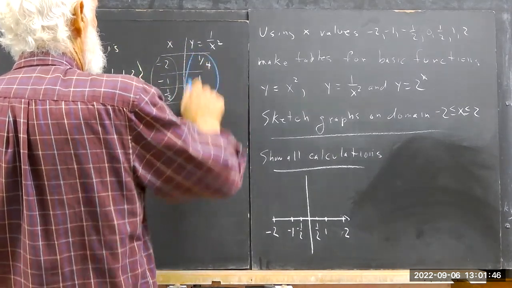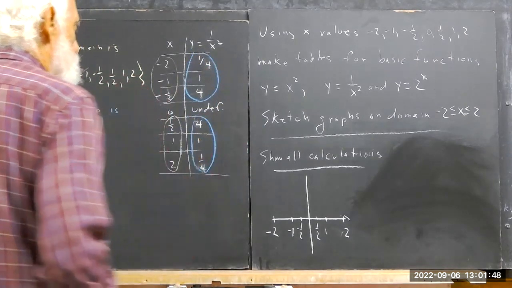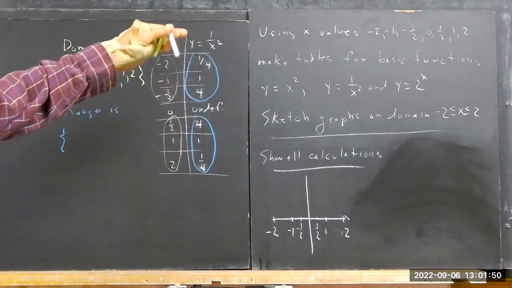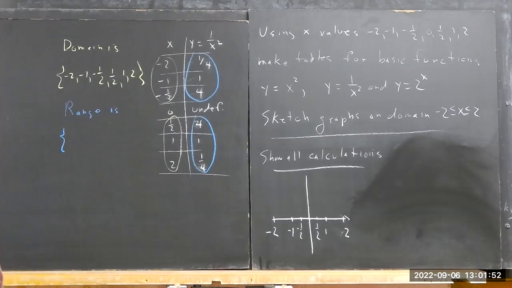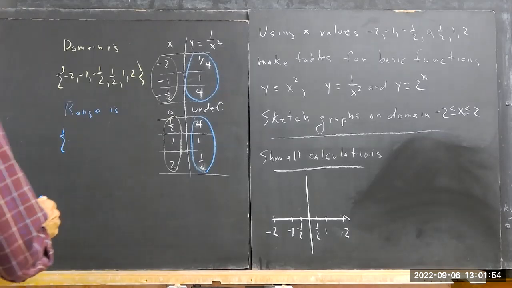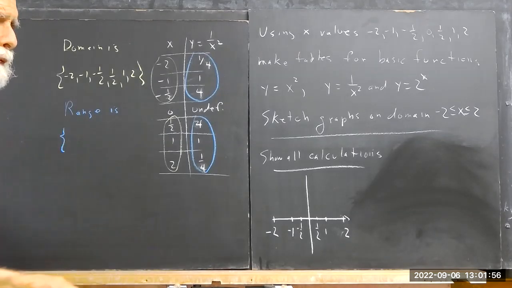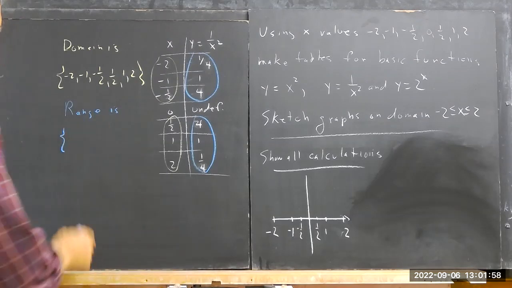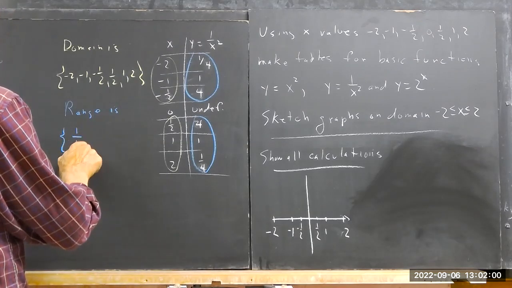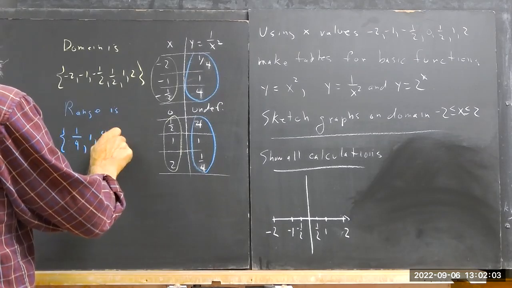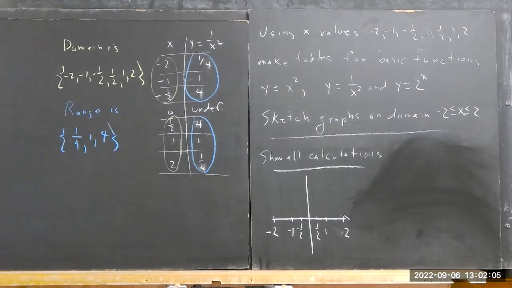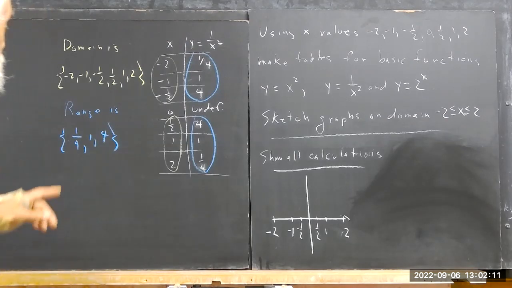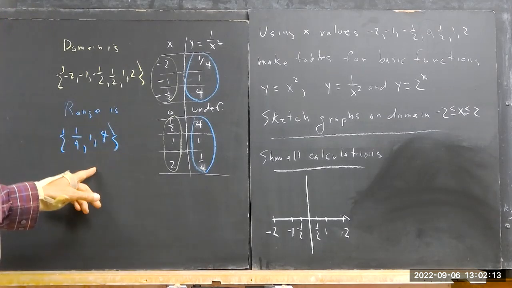So the range is what I've circled in blue. If you want to write out the range, well, we're going to generally write them the lowest number to the highest. That's kind of the way we used to read it. Right there's the range. You notice I didn't repeat these numbers, okay?